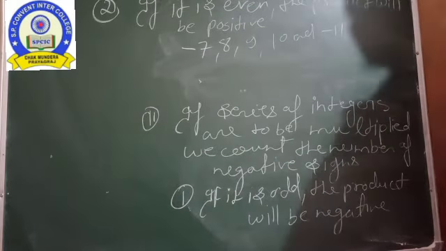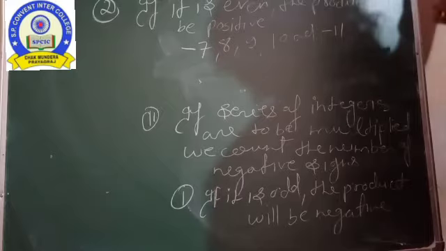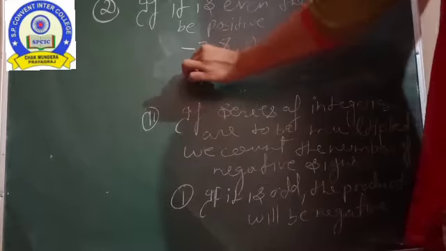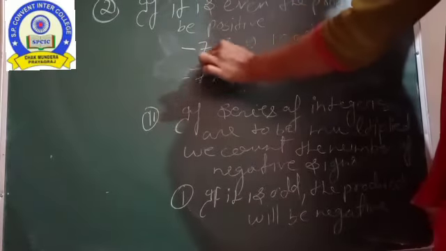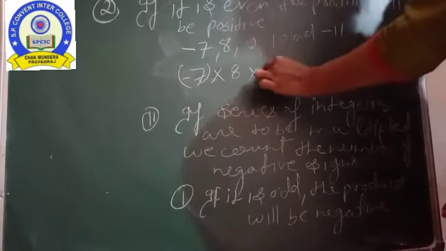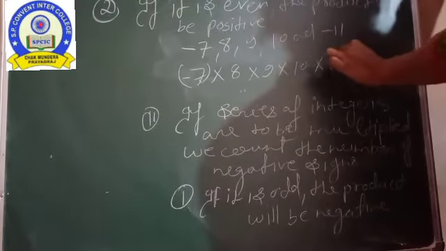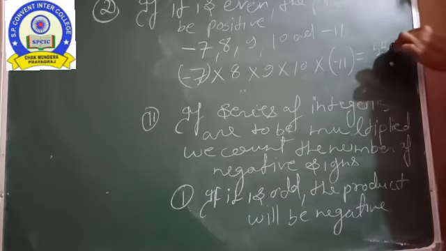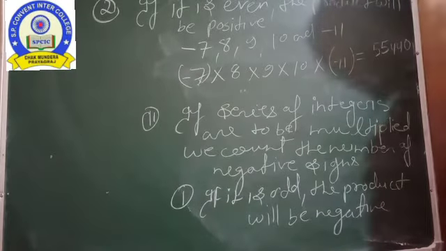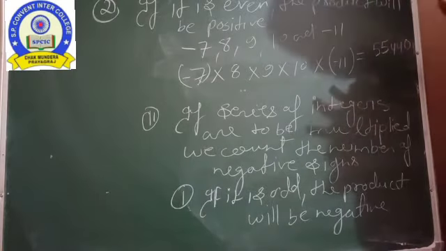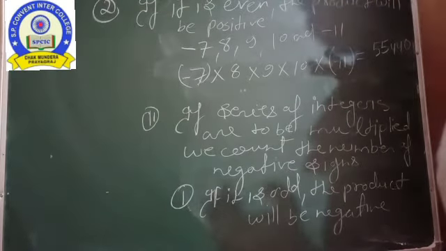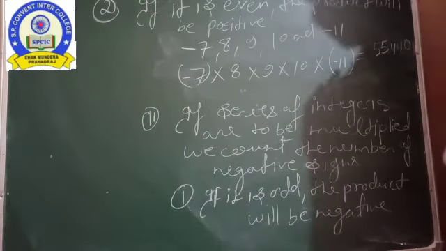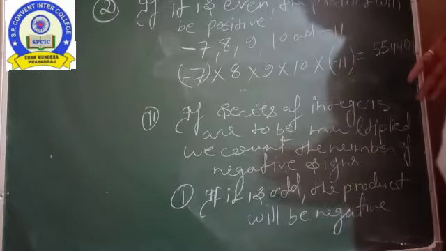Here the number of negative integers is 1. 1 is odd, so the product will have a negative sign. 7 into 8 into 9 into 10 into -11 equal to -5040. Clear? If the number of negative integers is even, then the product will be positive, and if the number of negative integers is odd, then the product will be negative.